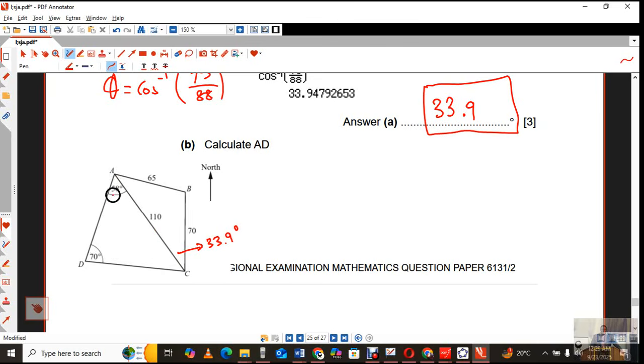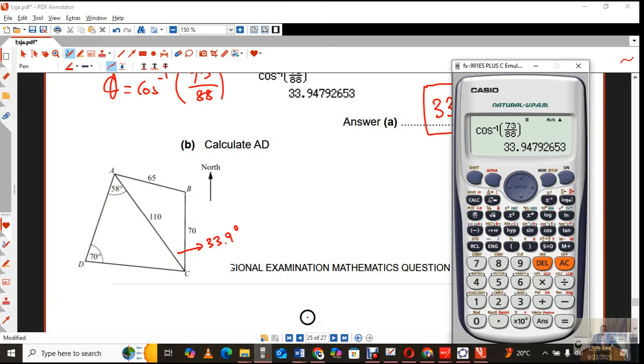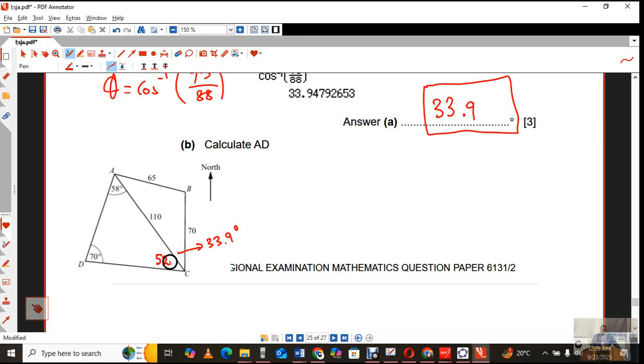If you look at this triangle, that's 58, that's 70, you can actually calculate that angle there, okay? Because the angle sum of a triangle is 180, so 180 minus 70 minus 58, that gives you 52. So this angle over here is 52 degrees. That makes sense, okay?